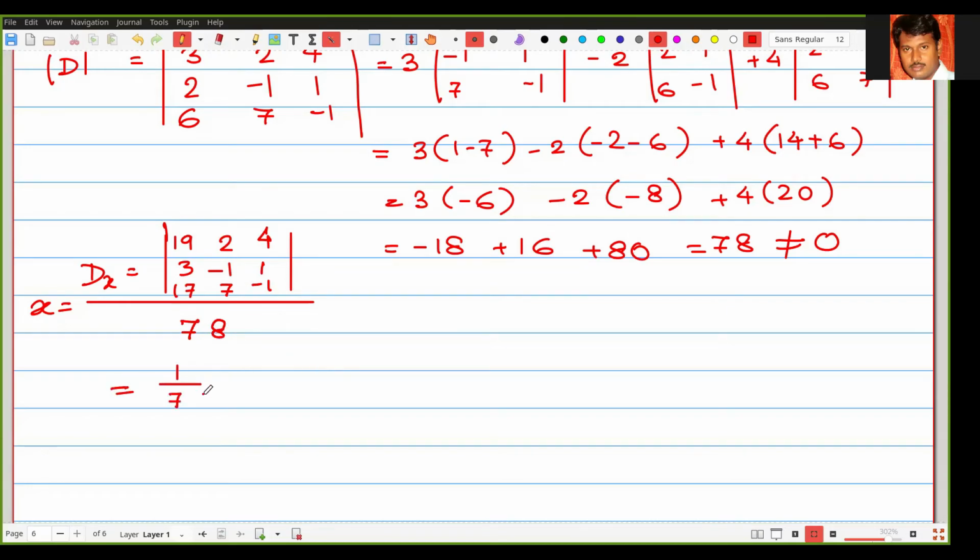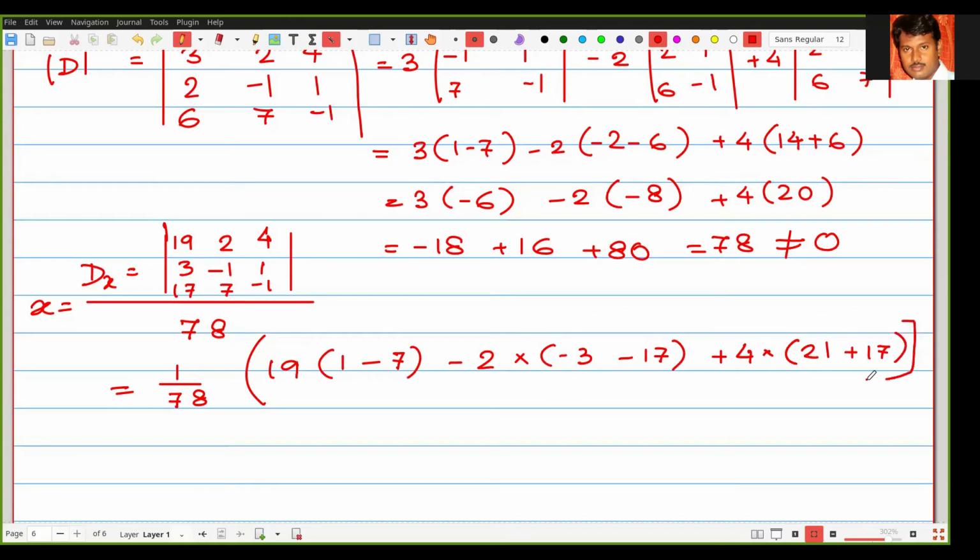So here 1 by 78, then 19 of -1 -1, so 1 -7 -2 into -3 -17 and +4 into 21 +17. So that is 1 by 78 minus 114 plus 40 plus 152. So the result is 78 upon 78, or 1. So x is now 1.